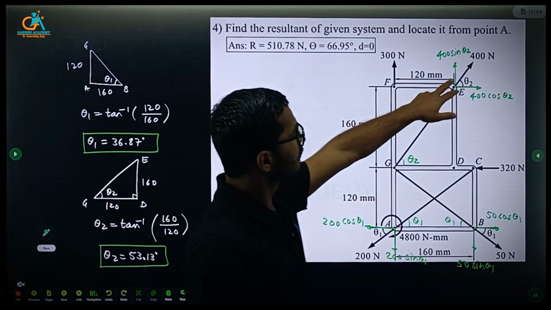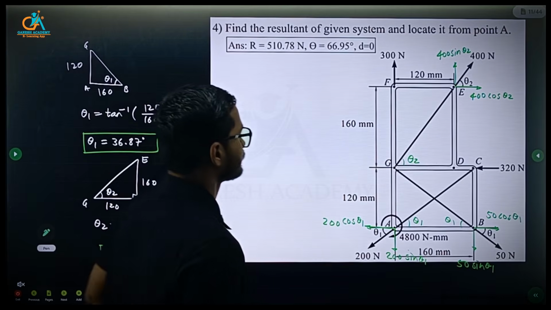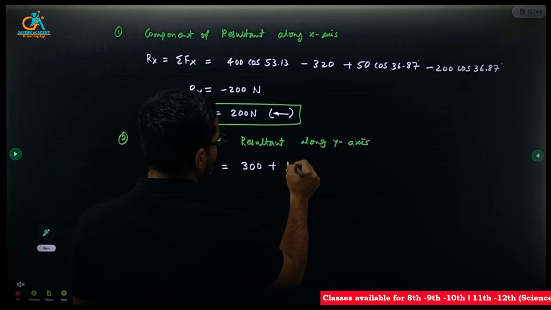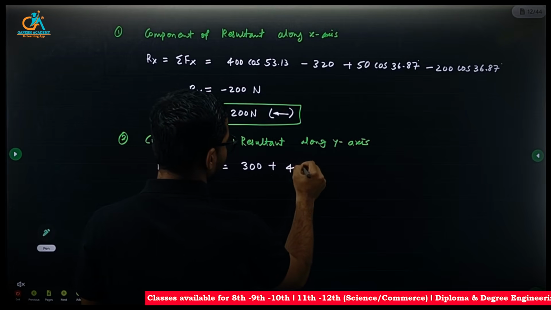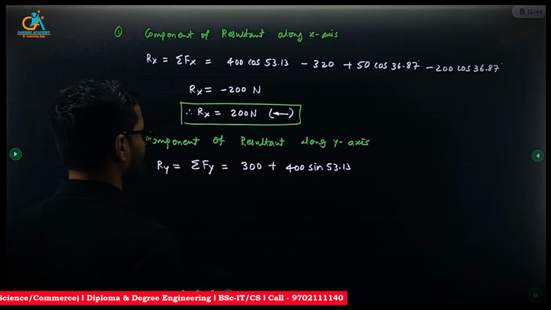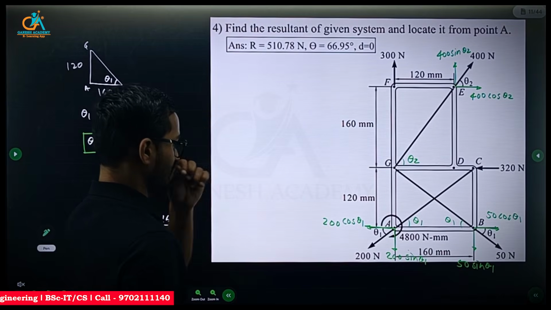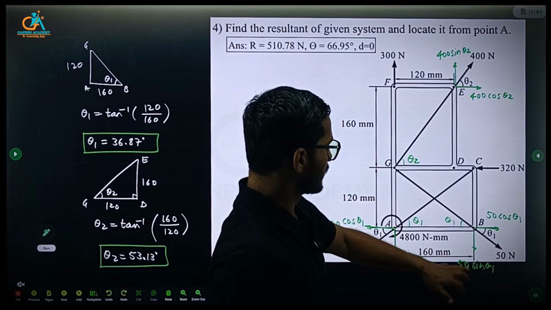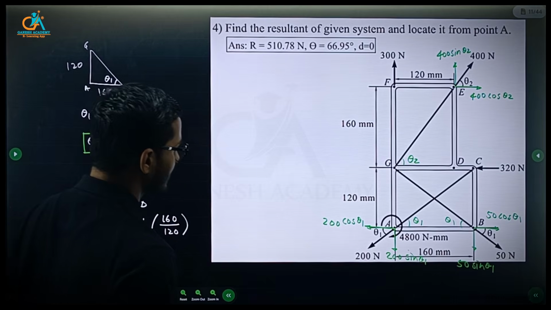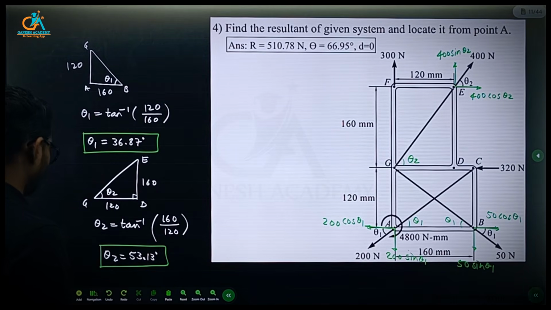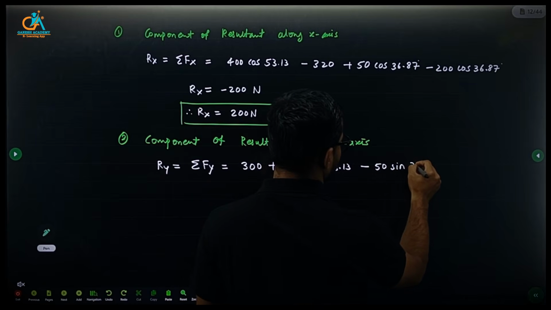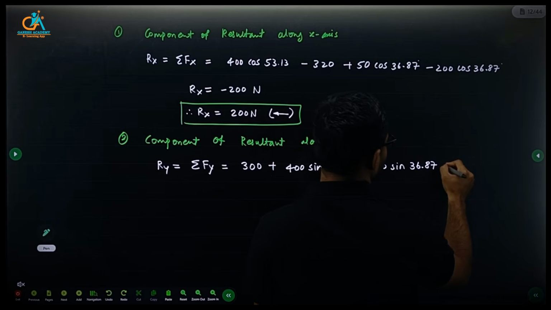So 300 Newton upward, 400 sine theta 2, with theta 2 as 53.13, upward. You don't need to consider this horizontal force. Then 50 sine theta 1 downward, minus 200 sine theta 1 downward, minus, where theta 1 is 36.87.